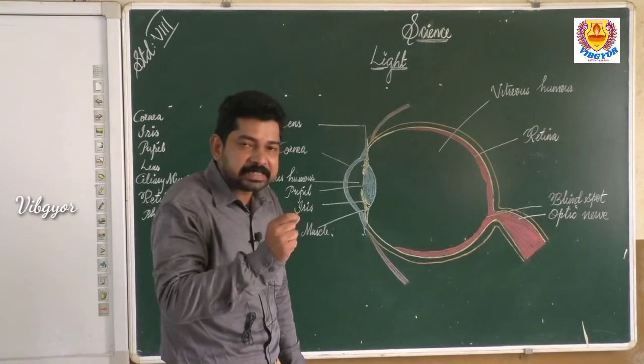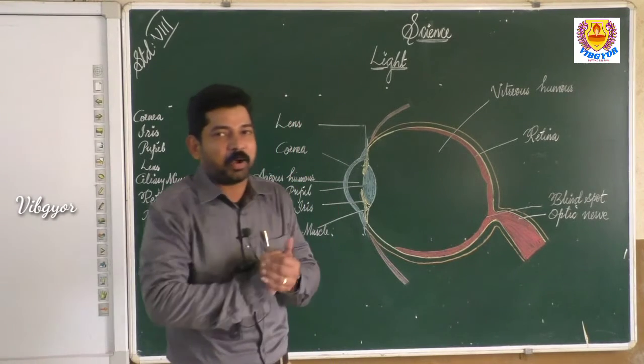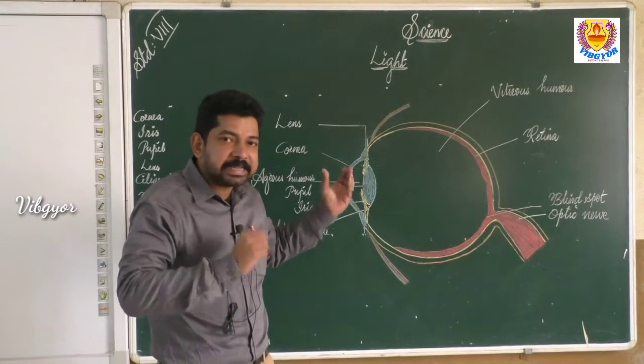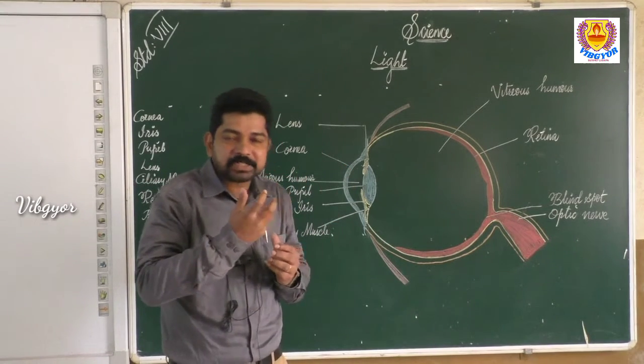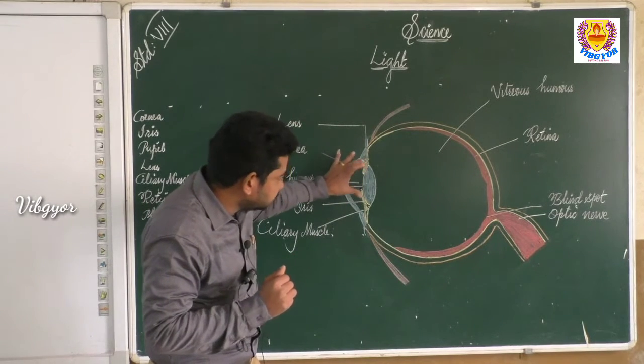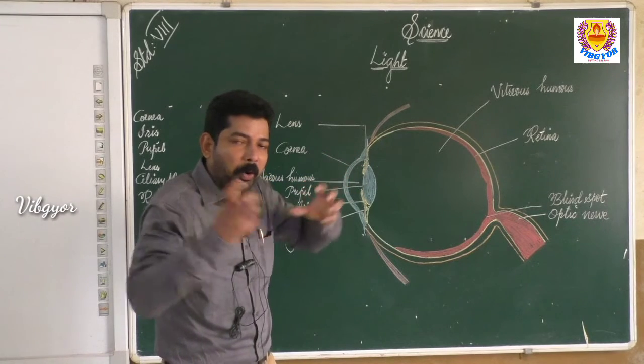The iris is ring-shaped, flexible, and a muscular organ. This muscle can expand or contract.